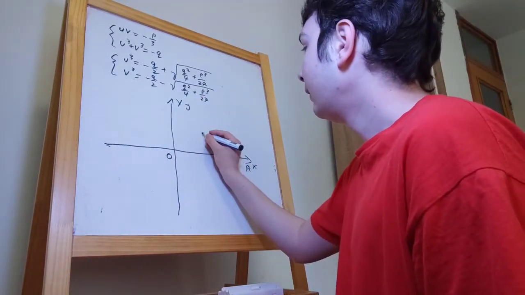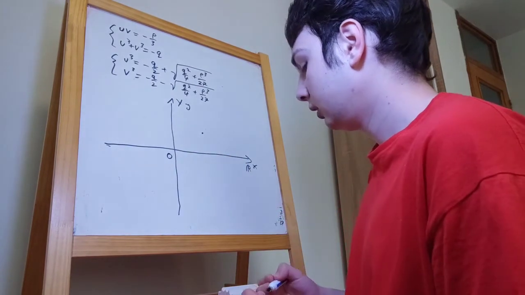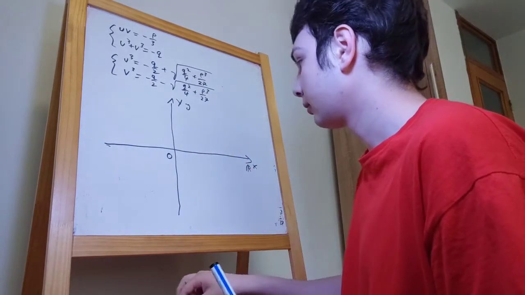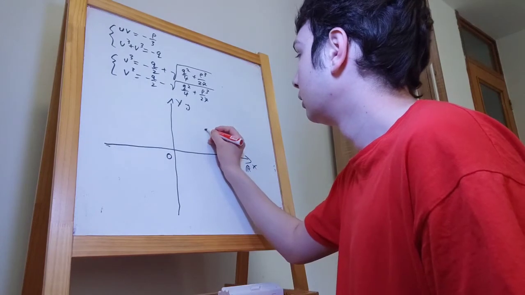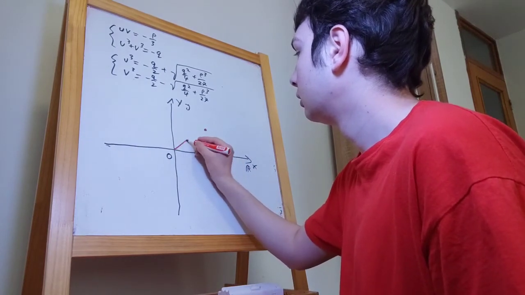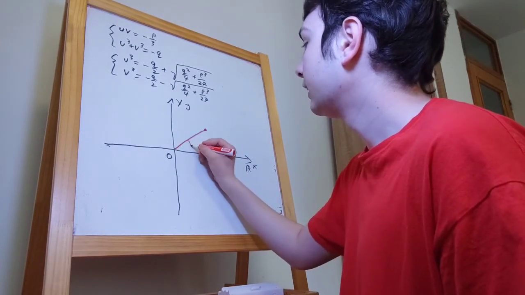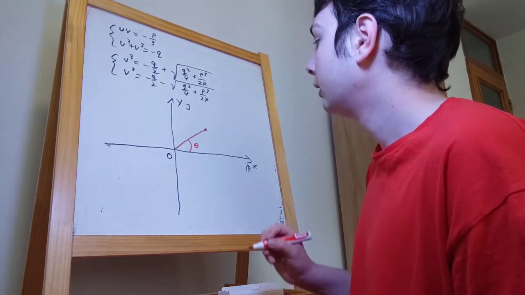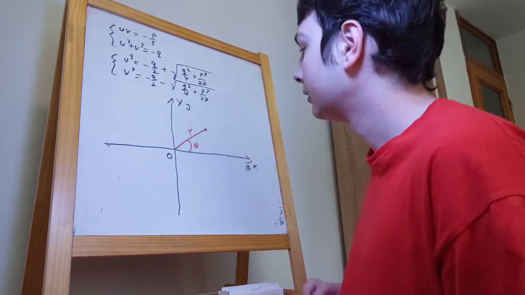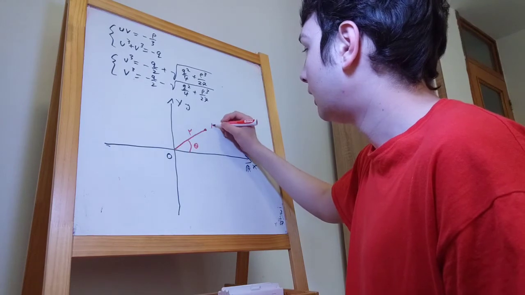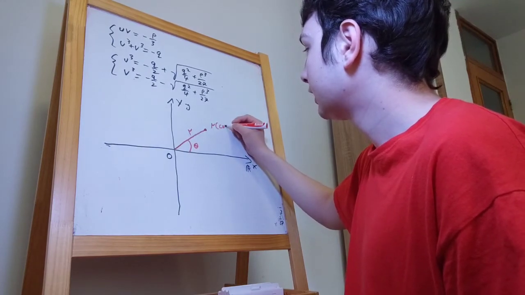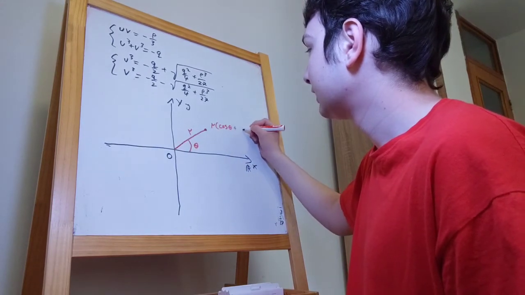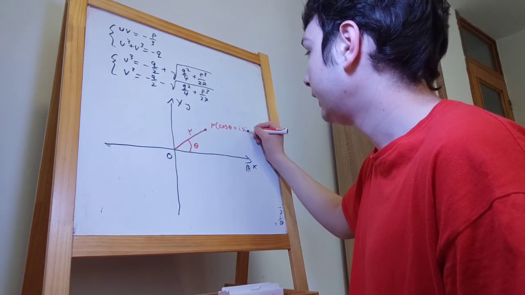Say we have a point right here. I'll draw it in red for you. And this point has an argument theta and a radius r. This would be r times (cosine of theta plus i sine of theta).